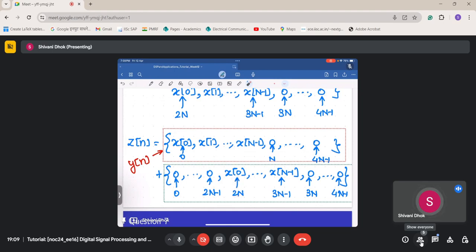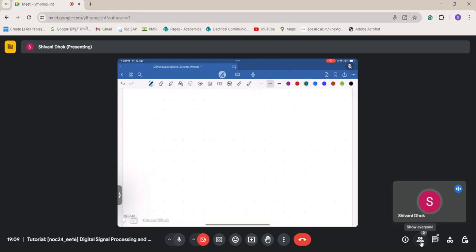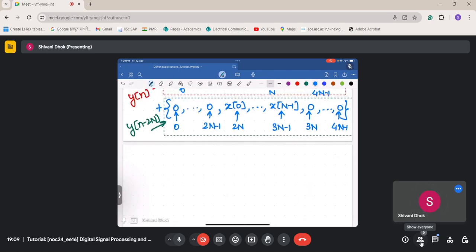All the values from n equal to 0 to 2N minus 1 are 0. So we are just shifting it by 2N units. So therefore this particular quantity here is y of n minus 2N. So therefore this z of n comes out to be equal to y of n plus y of n minus 2N.